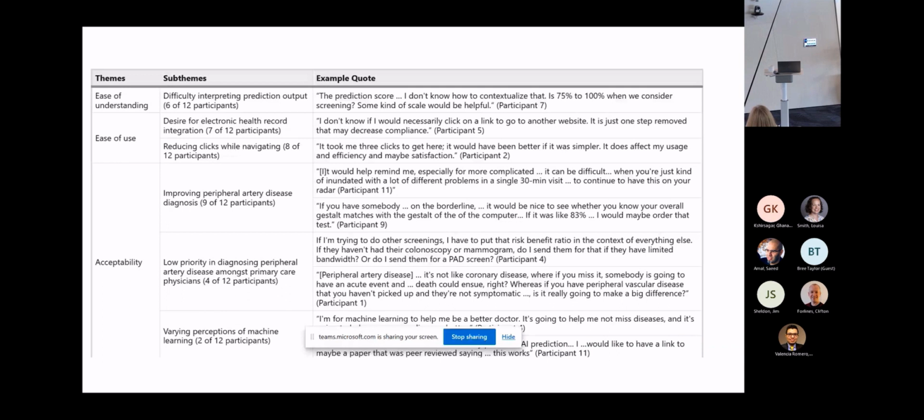And then for the acceptability, so peripheral artery disease, some of the primary care physicians thought that it's not that acute if they don't measure it. So 4 out of 12 thought that, and the rest thought that it's important to help in this screening using artificial intelligence.